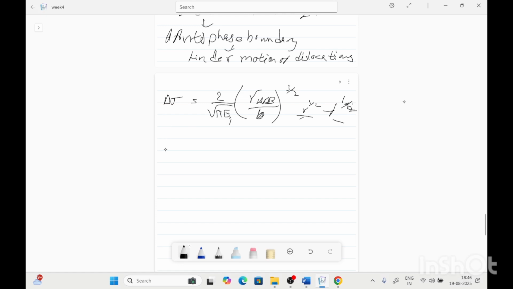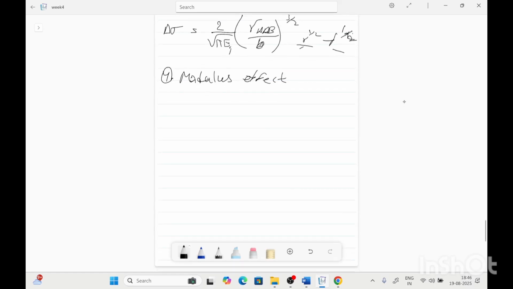The next effect on the precipitation hardening is the modulus effect. It means the local change in modulus between the precipitate and matrix leads to this modulus hardening.